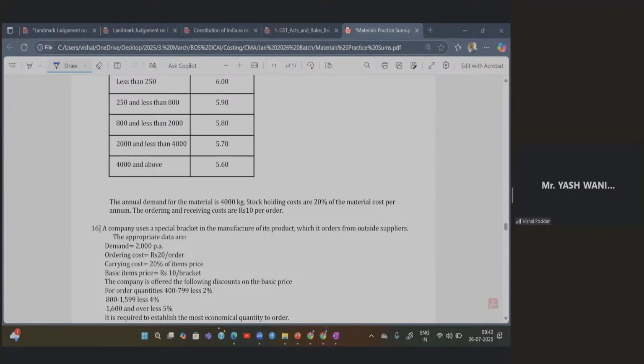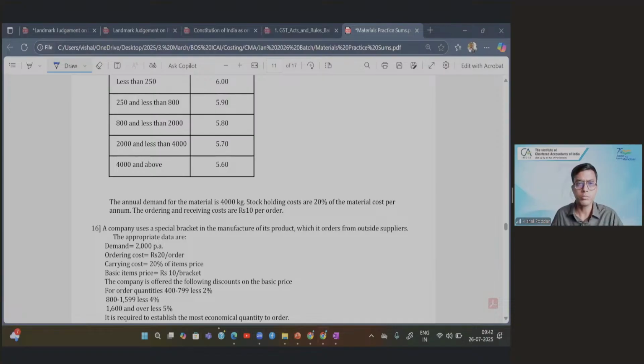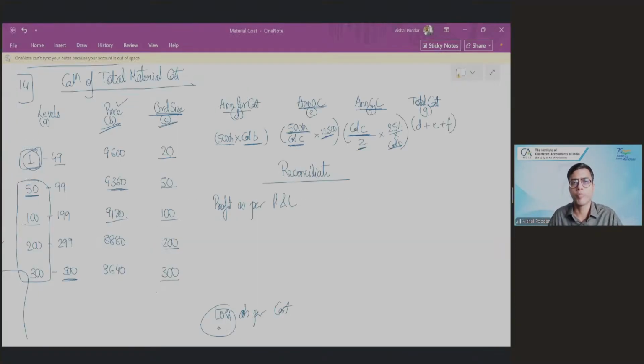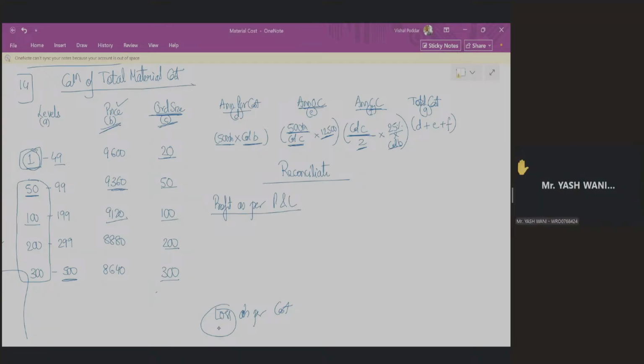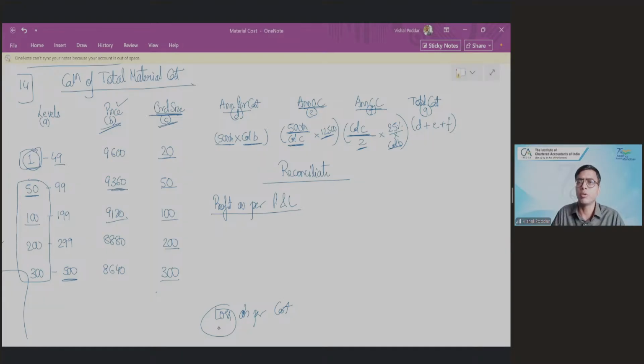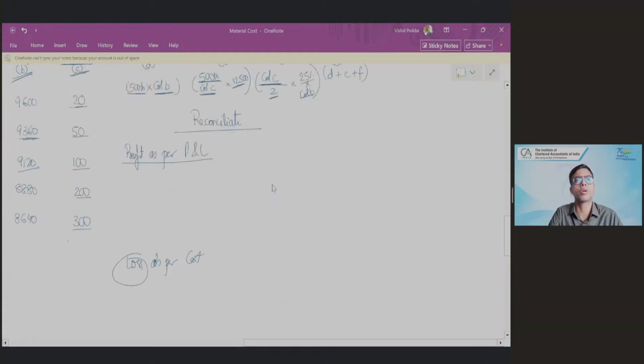Yes, sir. So your starting point is profit as per P&L, and your end point is loss as per cost. But I don't know whether it is loss or profit; that I may get to know once I solve the answer. But okay, you know that it is a loss because it is already given in the question. But this will not change your approach in solving.